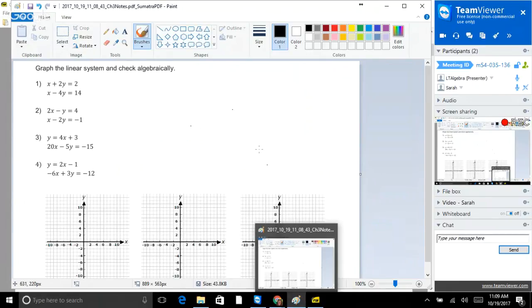All right. So 3-1 is the start of a chapter. We're going to be solving linear systems of equations. So decoding all those words again, we talked about this on Monday, but linear is line, right? So we have linear equations, so equations of lines. And then we have systems of equations.